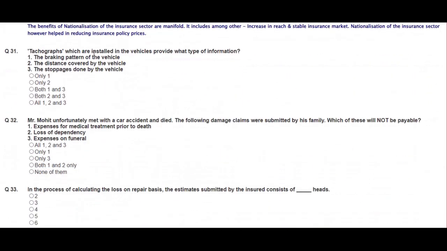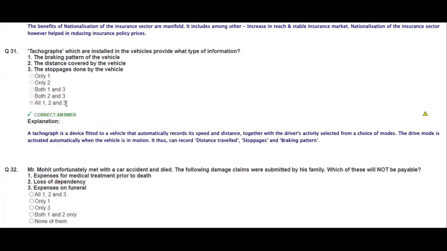Tachographs which are installed in the vehicle provide what type of information? The braking pattern of the vehicle, the distance covered by the vehicle, the stoppage done by the vehicle. I think all are correct answers.